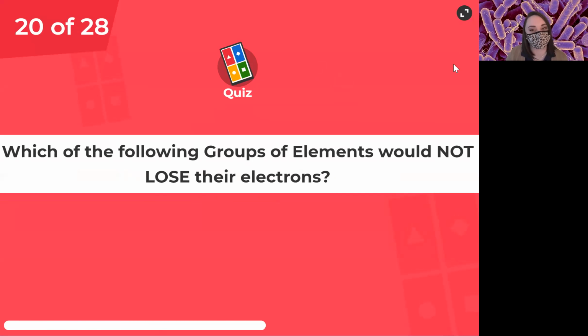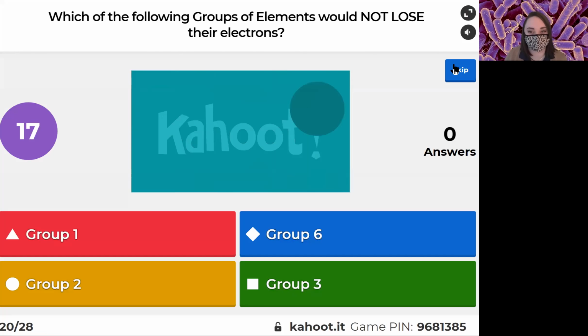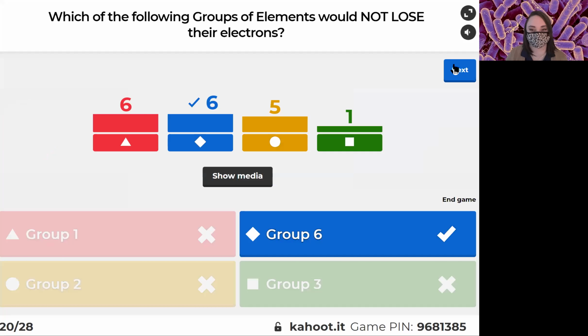Which of the following groups of elements would not lose their electrons? Right, so this was a tricky one to remember. So remember, groups 1 through 3 lose all their valence electrons to become stable.